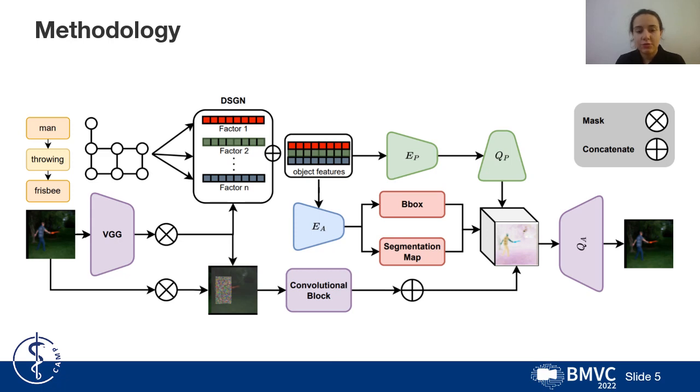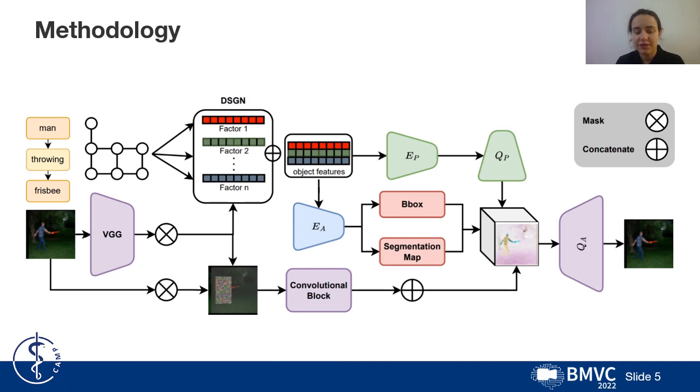The disentanglement of features happens in two parts. The first part is using the disentangled scene graph neural network that processes the features from the scene graph and enforces disentangled features extracted from the graph by using neighborhood routing.